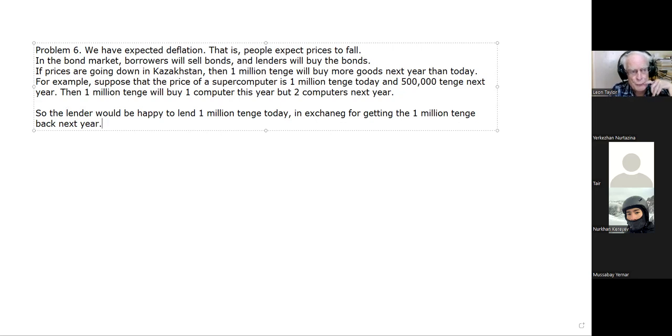Because he is getting paid back in stronger tenge than he had provided. By making the loan, the lender gives up basically 1 computer today, but can buy 2 computers next year.